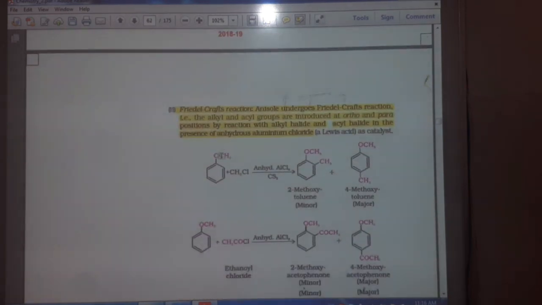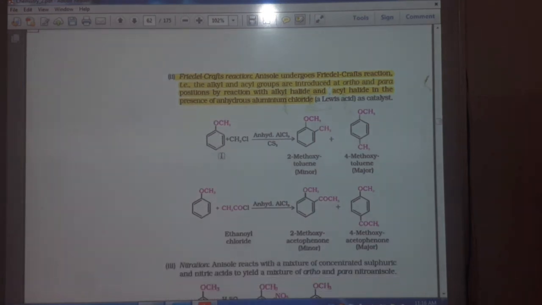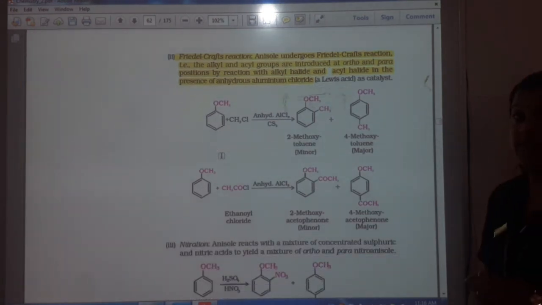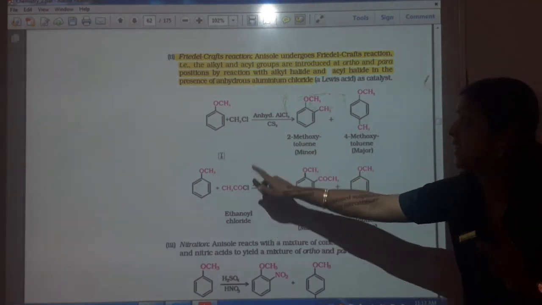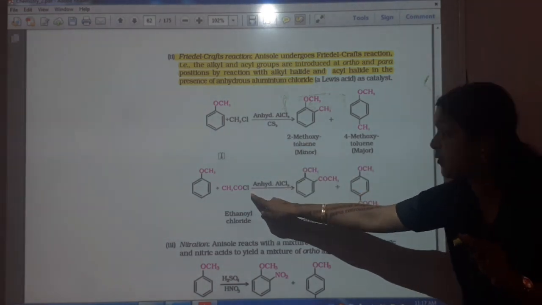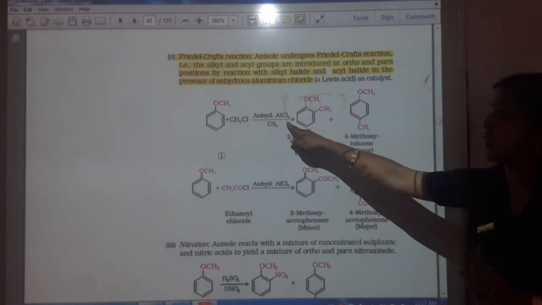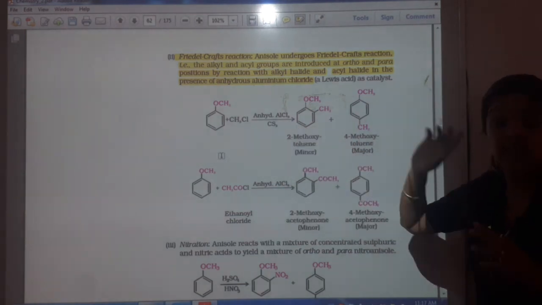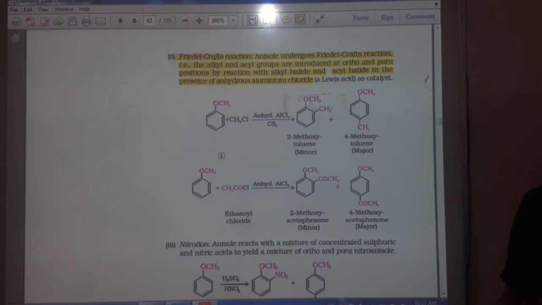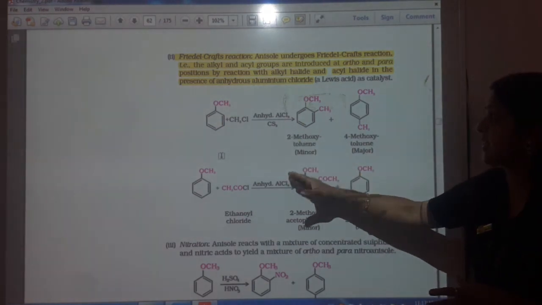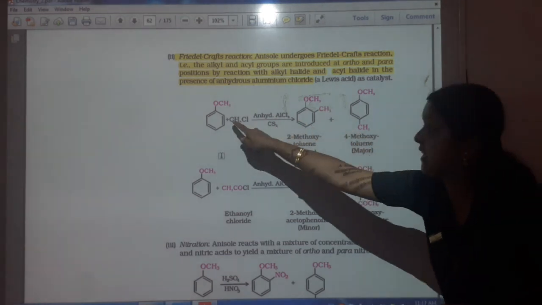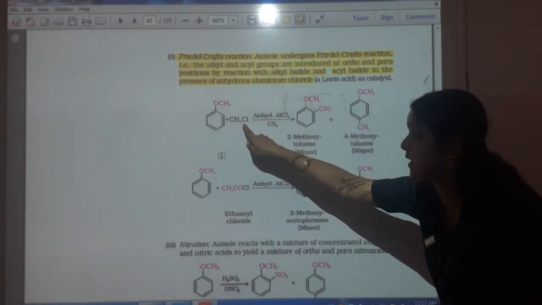Next is the Friedel-Crafts reaction, which we have studied already. It takes place with an alkyl halide and an acyl halide, acid chloride, CH3Cl and CH3COCl, always in the presence of anhydrous aluminium chloride, which we use as a catalyst. When it reacts, CH3 attacks here, and hydrogen from here comes out as HCl.